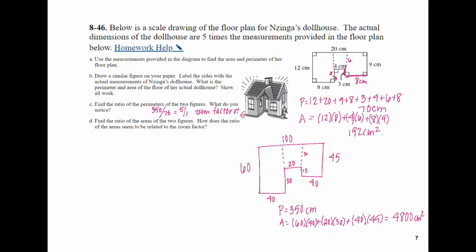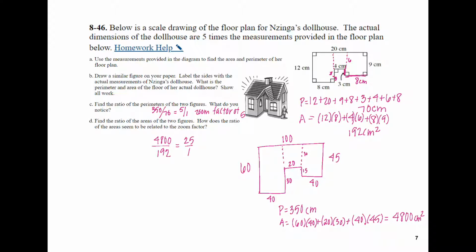Find the ratio of the areas of the two figures. How does the ratio of the area seem to be related to the zoom factor? So when we take the areas and we put 4,800 over 192, we notice that we get 25 over 1.